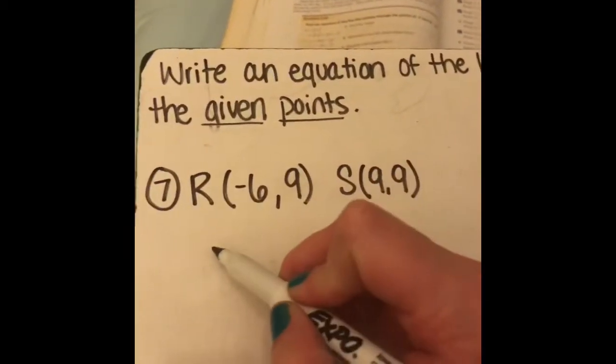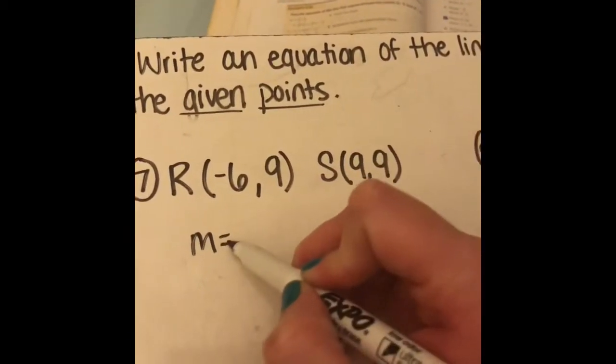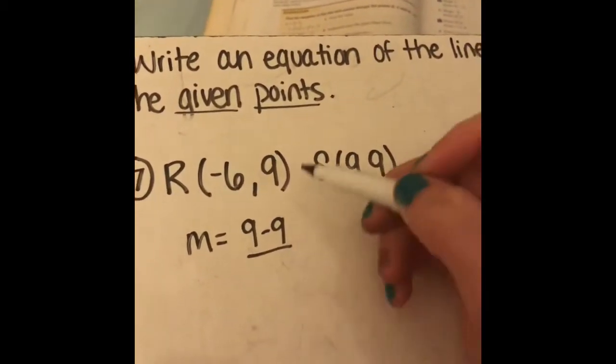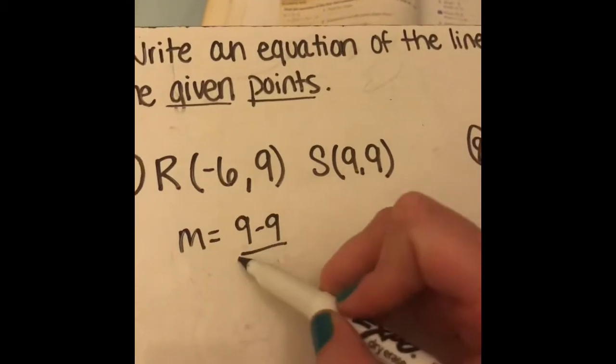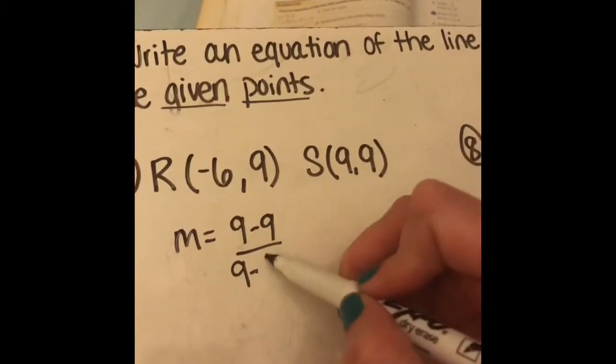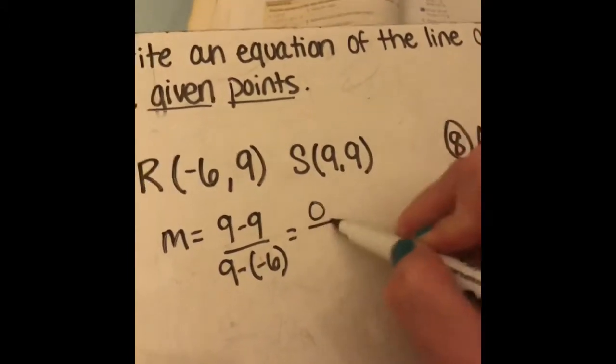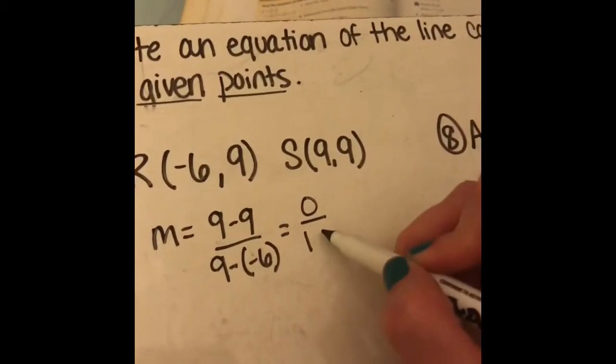Okay, so for 7 and 8, to find the slope for this one, m equals 9 minus 9 over 9 minus -6. 9 minus 9 is 0. 9 minus -6 is 15.